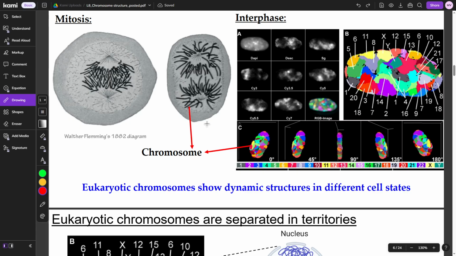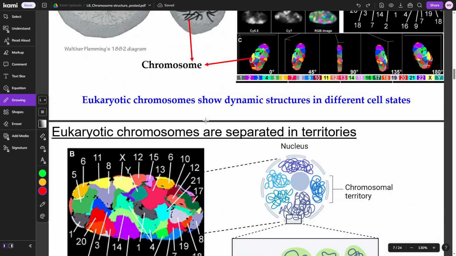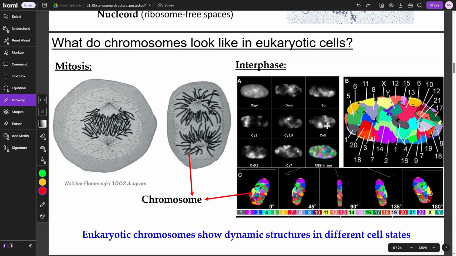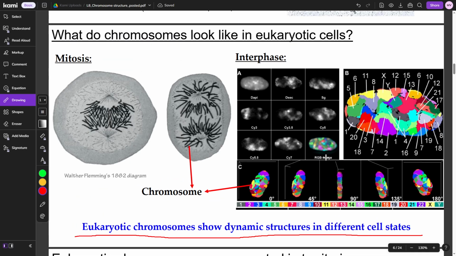The cool thing about chromosomes in eukaryotic cells is that they actually move to different areas of the cell. Here they show dynamic structures in different cell states. At different points in the cell cycle, they're in different places in the nucleus. These numbers represent the chromosomes.